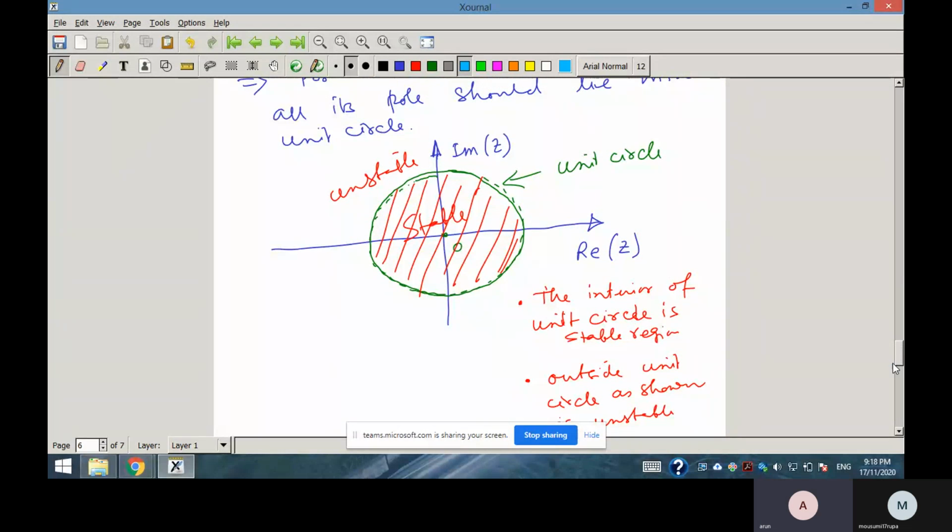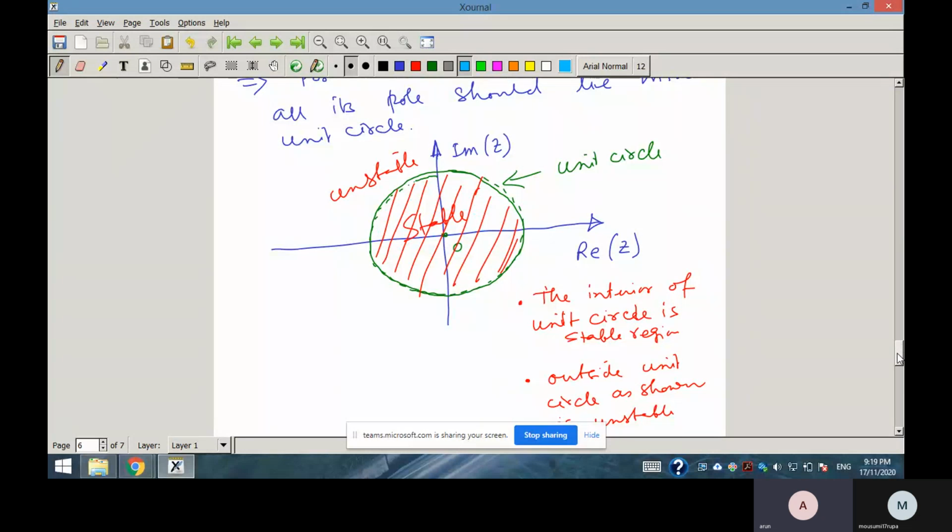Now, for a good design, for a good system, if the poles lie inside the unit circle, the system is stable. But then the question may arise: which side of the unit circle is good as far as stability is concerned, the left side or the right side?